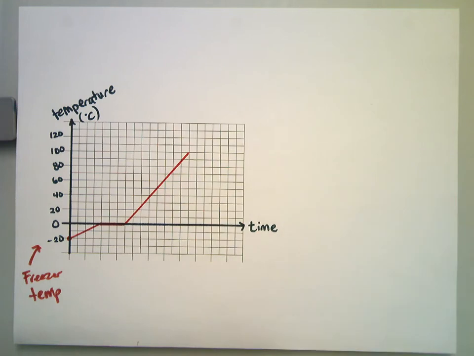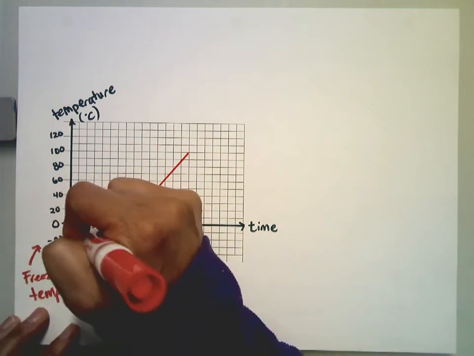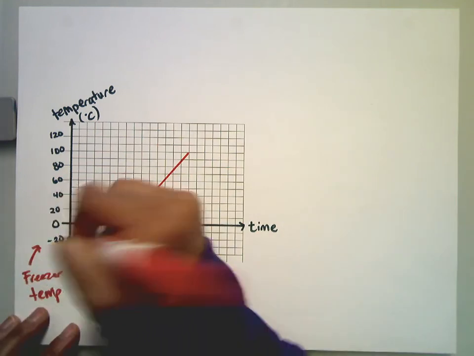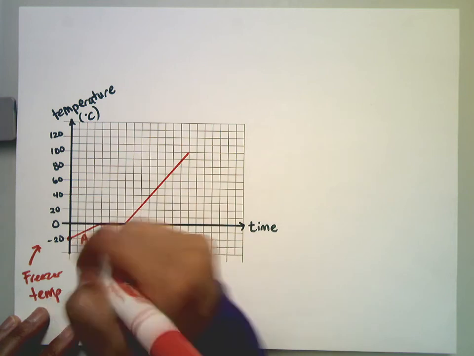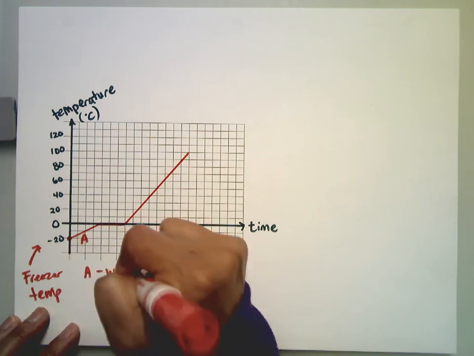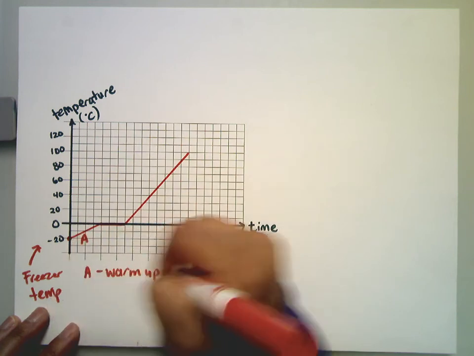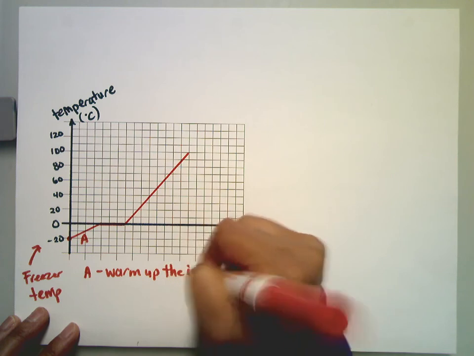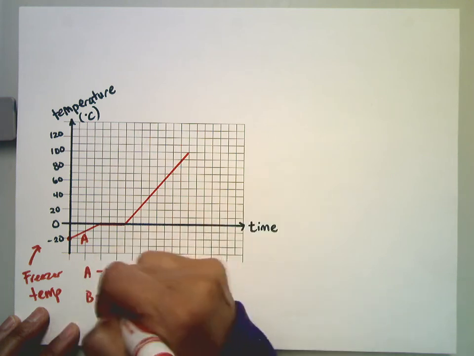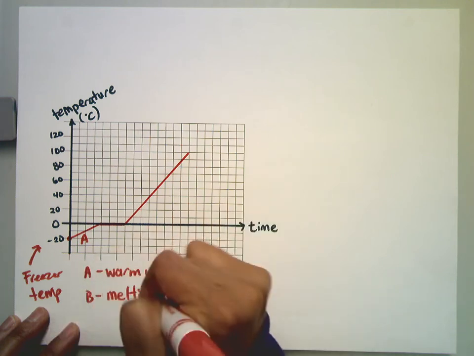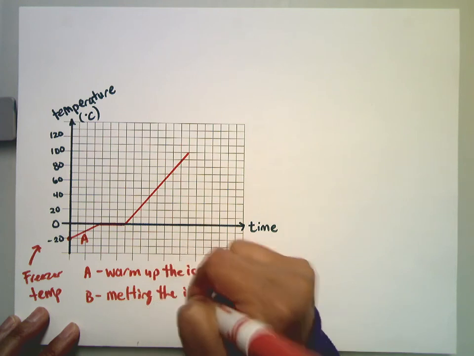So let's label these stages. In section A, you warm up the ice. Then in section B, you are melting the ice.